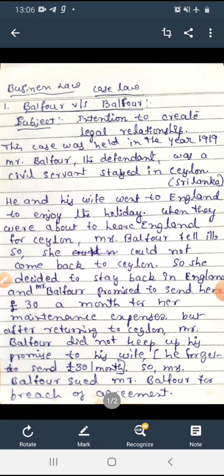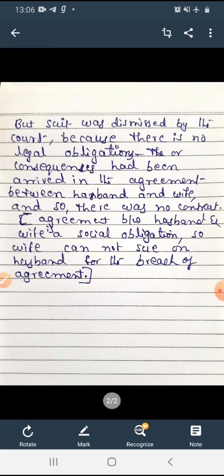So she decided to stay back in England till her recovery. Balfour promised to pay £30 per month for her expenses. But after coming back to Ceylon, Mr. Balfour did not keep up his promise. So Mrs. Balfour sued Mr. Balfour for the breach of contract or for the non-payment of the maintenance expenses.